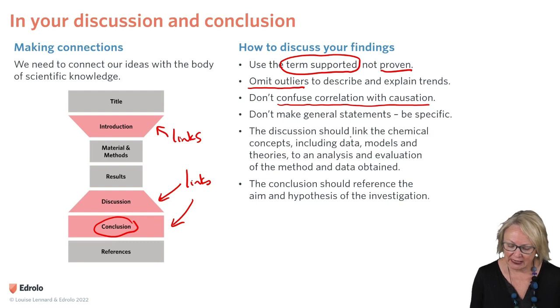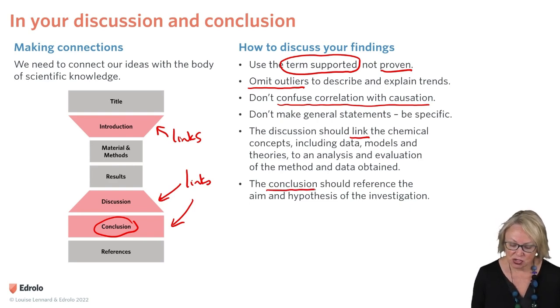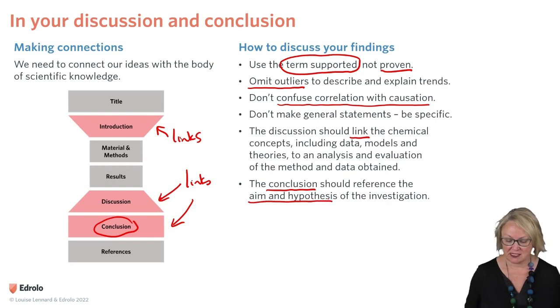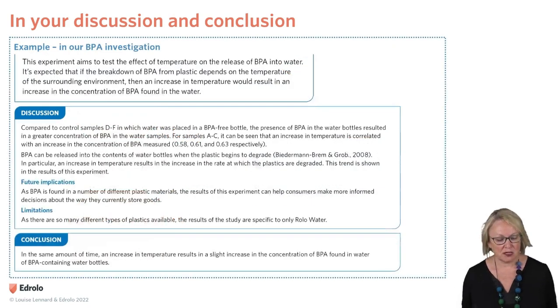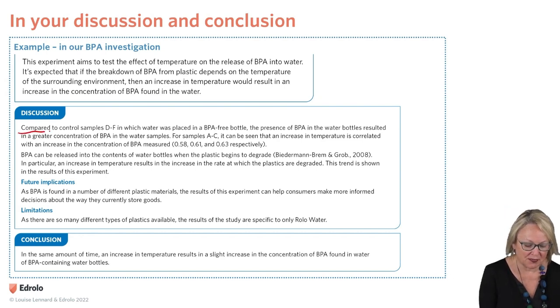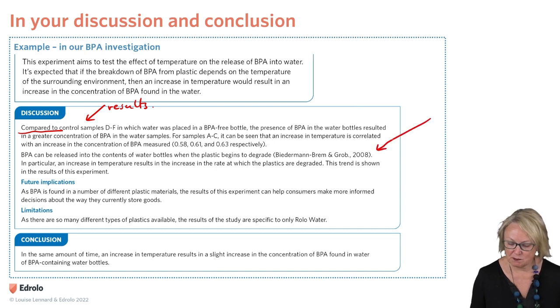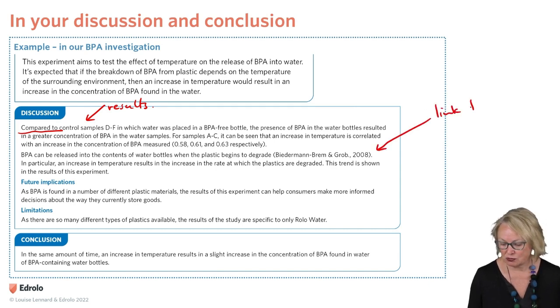The discussion should link the chemical concepts, including the data, models and theories, to analysis and evaluation of both the method and the data that's obtained. And the conclusion should reference both the aim and the hypothesis of the investigation. So, for example, in our BPA investigation, the discussion talks about the results, and then it also makes a link here to other sources.